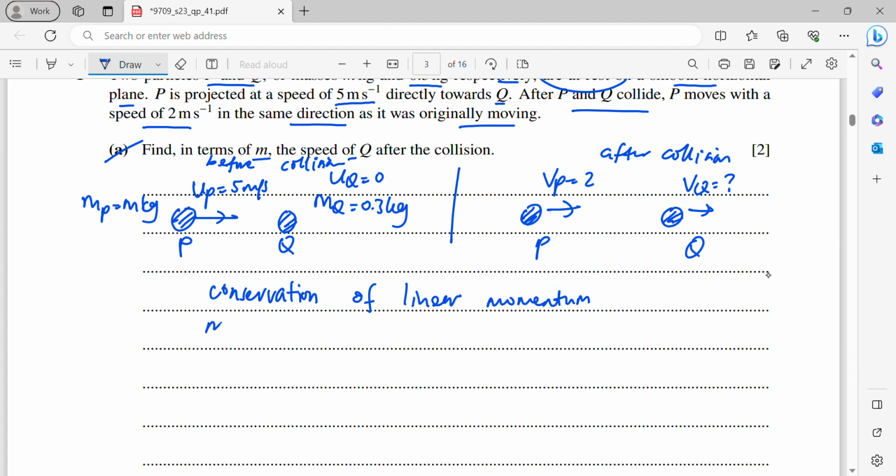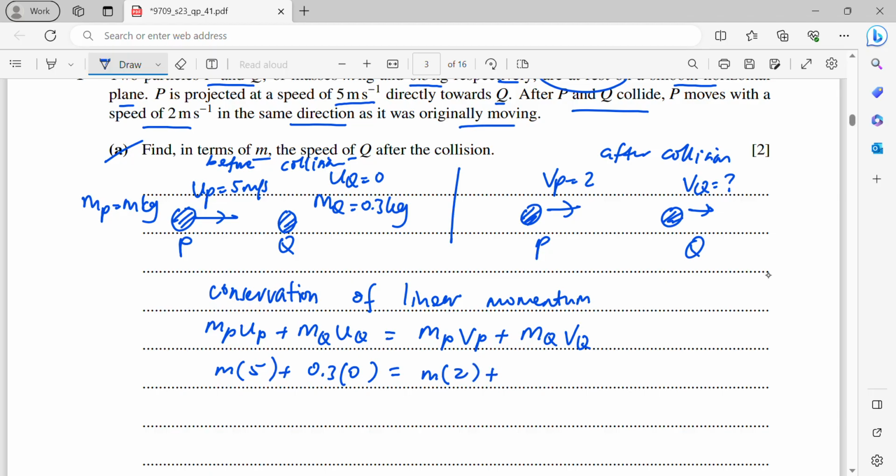So now I will get mp up plus mq uq equals mp vp plus mq vq. The mp is m, the up is 5, plus mq is 0.3, uq is 0, equals mp again, it is m, vp is 2, plus mq is 0.3, vq is the unknown that we need to calculate.